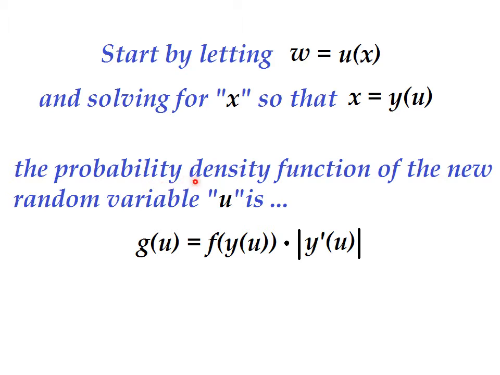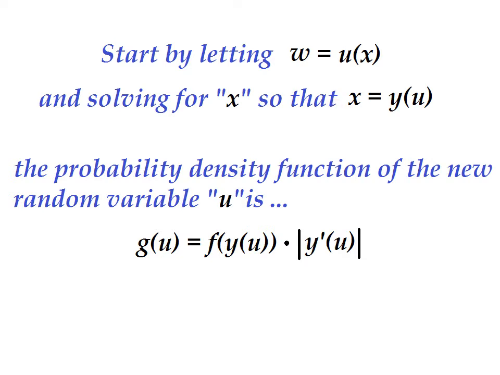The probability density function of this new random variable u is given by the formula g of u equals f of y of u. Remember, y of u is equal to x.